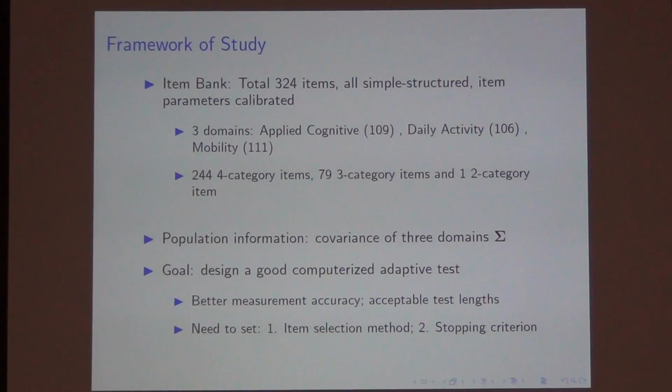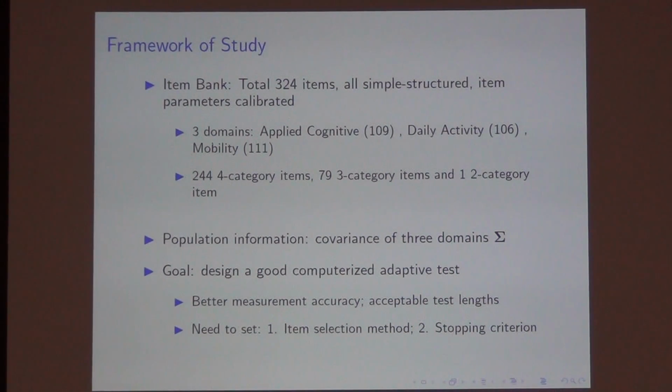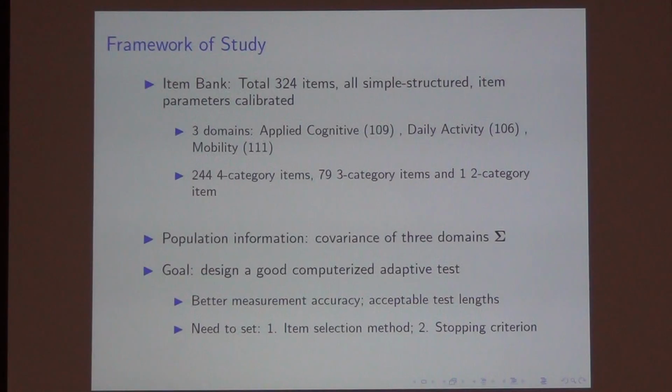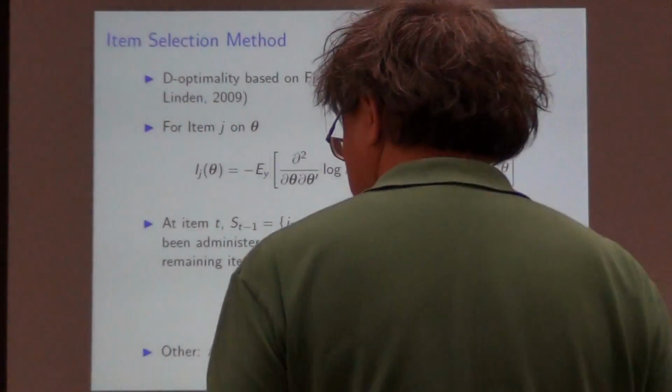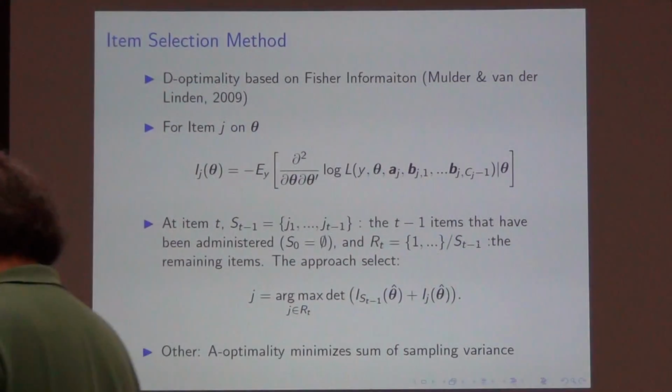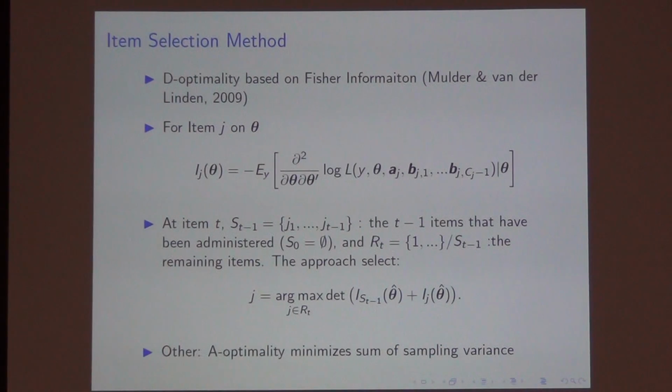Our goal is to build a good CAT. Here, good means better measurement with test length being controlled. And what we need is an item selection method and a stopping criterion. So for the item selection method, we consider the D-optimality based on Fisher information.